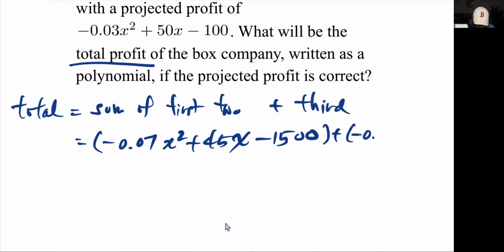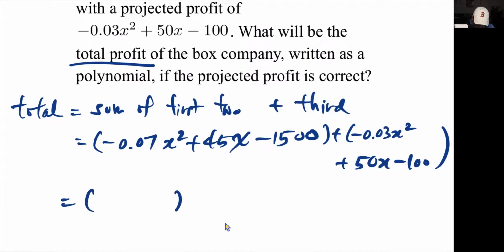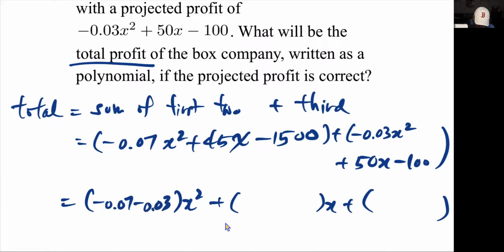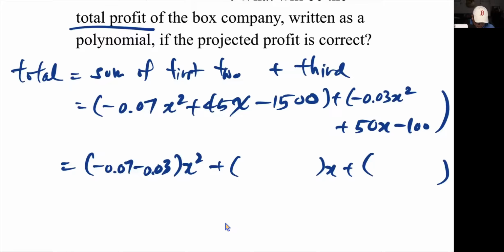Negative 0.03x squared plus 50x minus 100, like this, right? Well, once again, I'm adding a bunch of x squares, a bunch of x's with a bunch of numbers. I got negative 0.07 minus 0.03, I think that adds to negative 0.1x squared, right?